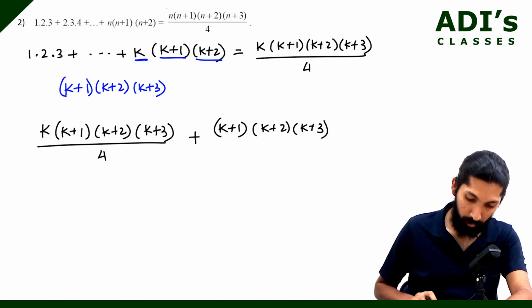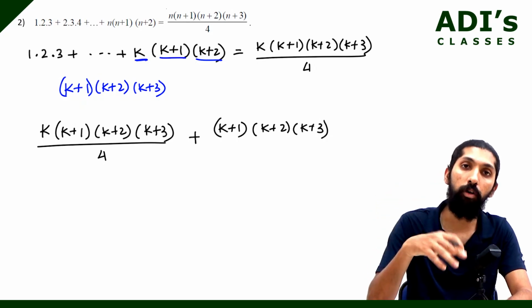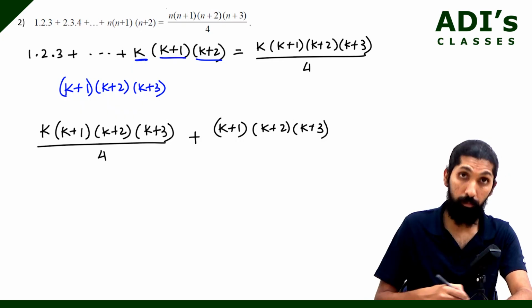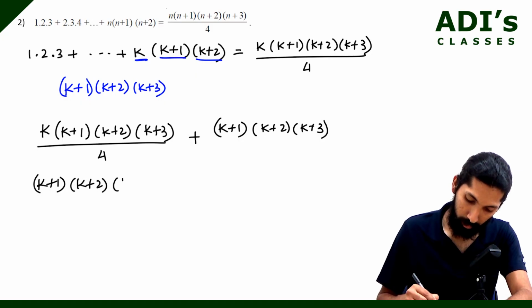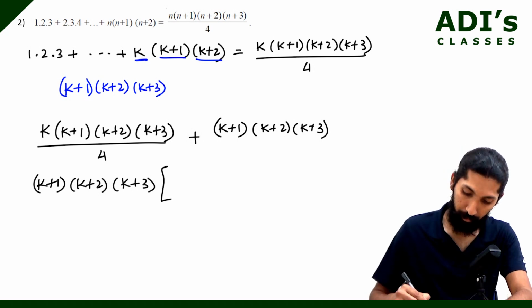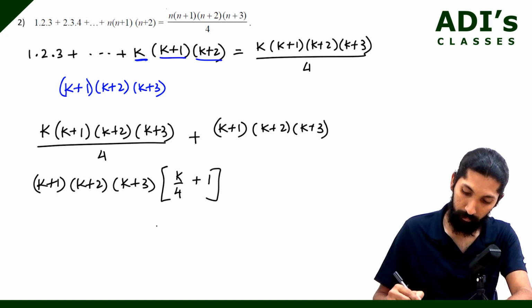Now, before you take the LCM, you can do it by the LCM method also, or by taking out common now itself. Very simple. So I would rather take common first. So you will get k plus 1 into k plus 2 into k plus 3 as common, into k by 4 plus 1.